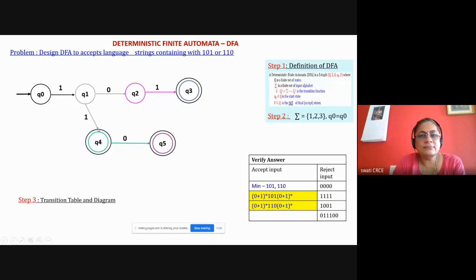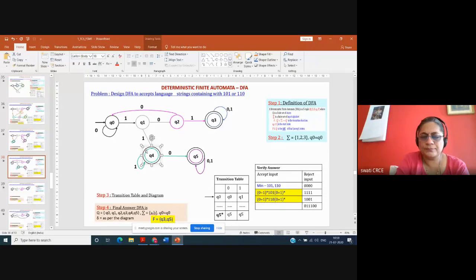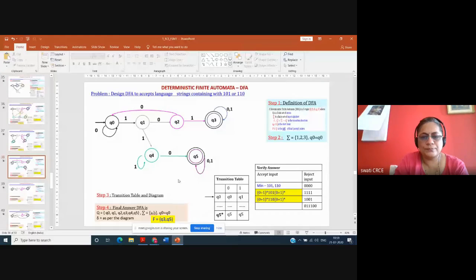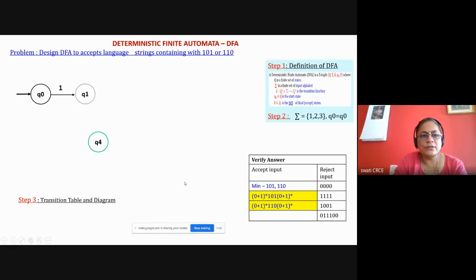After that, for 101, it is the final state. For 110, it will go to the final state.